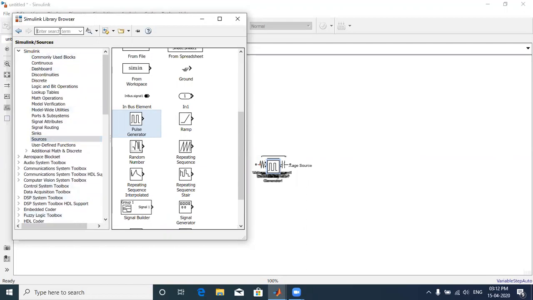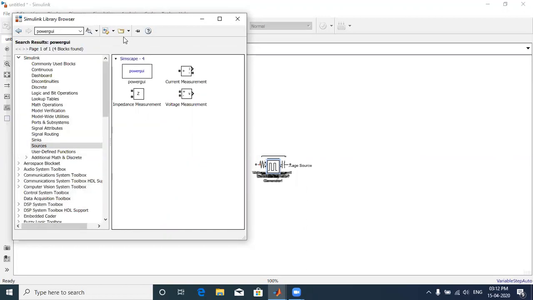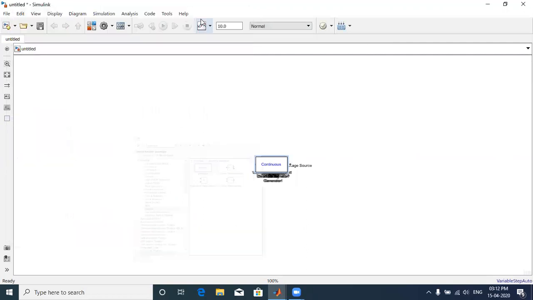And one thing to remember is place power GUI. Search it, you will find it and place it. Now you might be thinking what this block is for. So this block helps you to set all the different parameters which we are going to set for different blocks while doing the simulation.